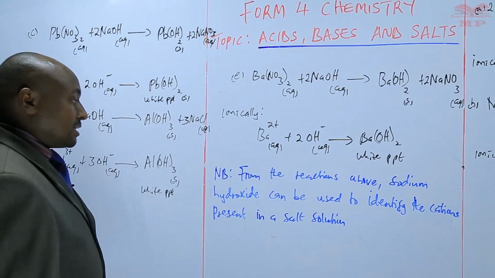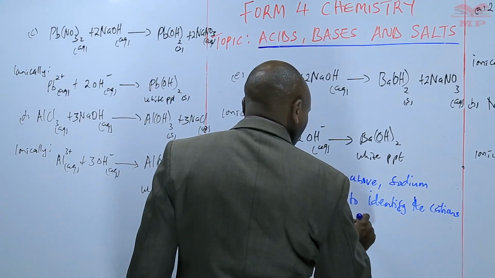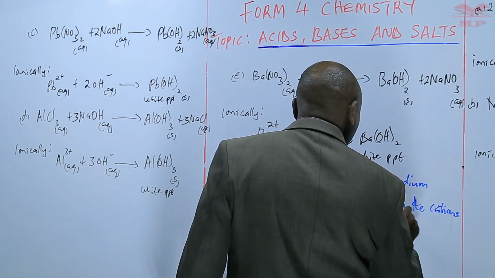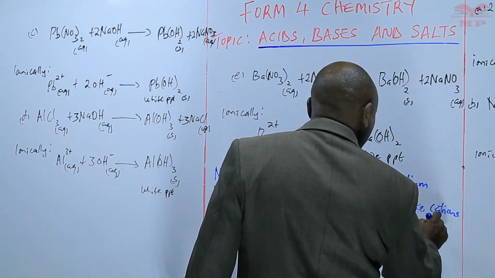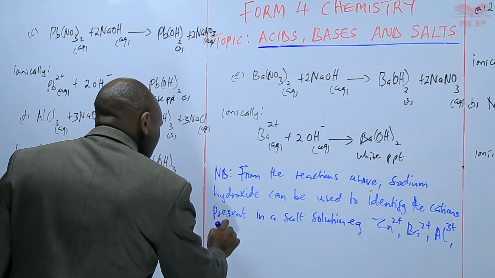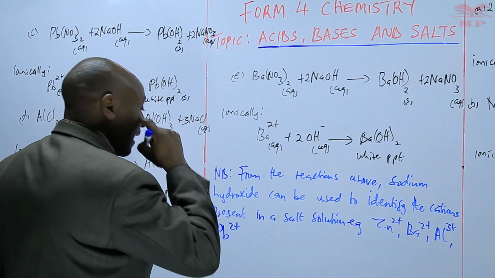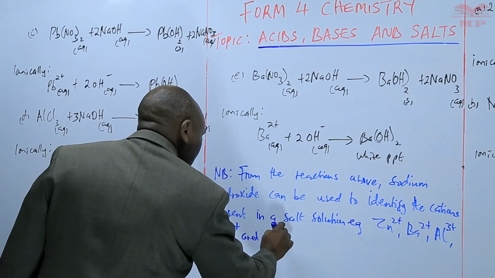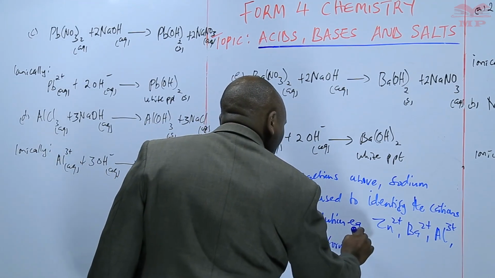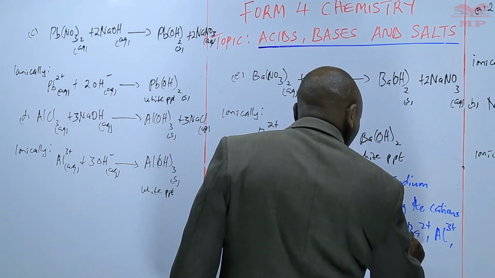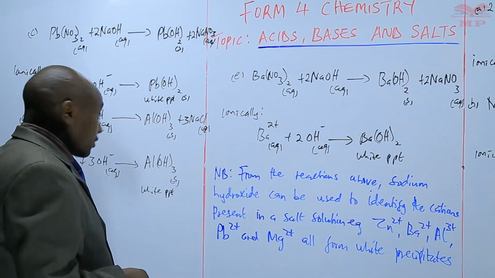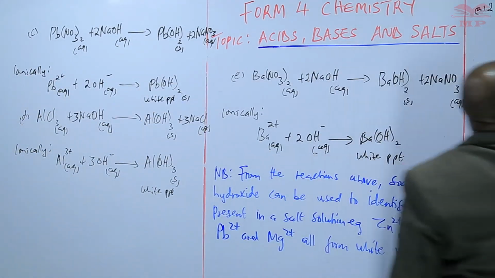For example, zinc ions, barium ions, aluminium ions, lead 2 ions, and magnesium ions all form white precipitates with sodium hydroxide.